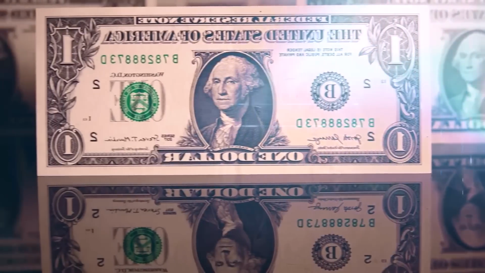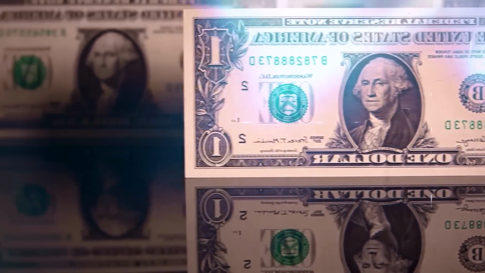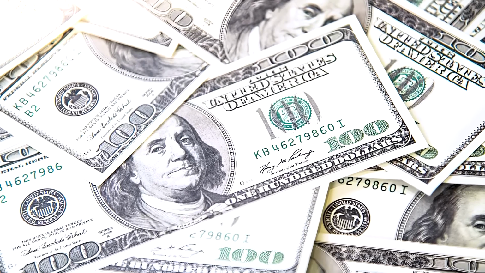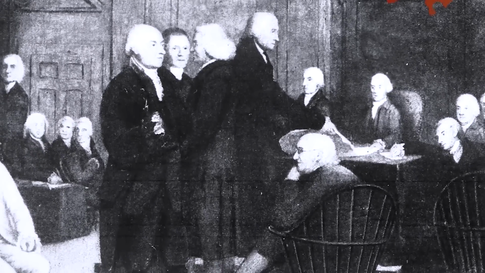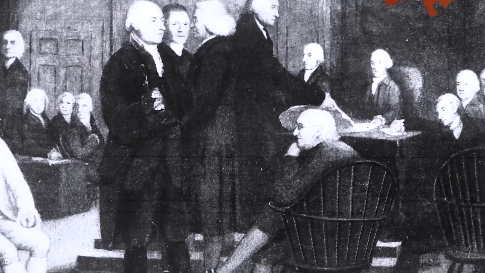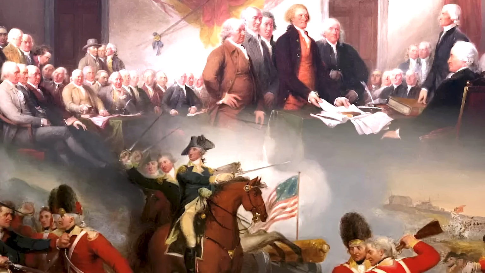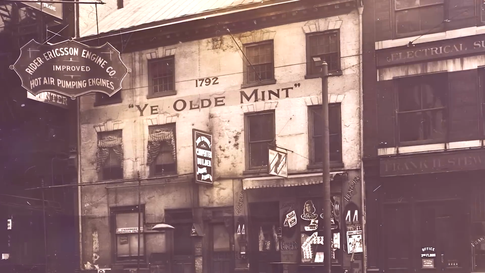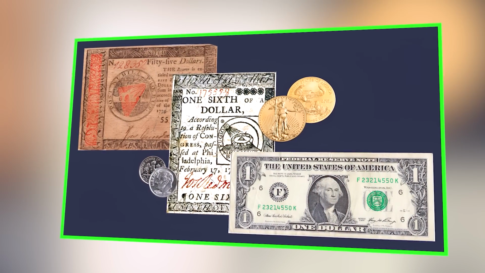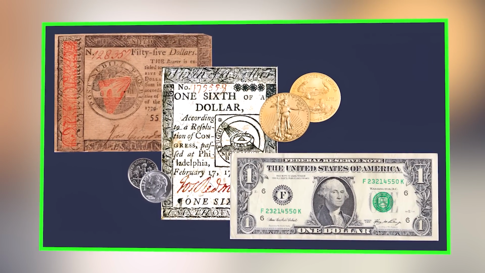Before we delve into the modern process of making dollars, it's important to understand the origins of the US currency. The dollar was officially adopted as the United States monetary unit in 1785, following the American Revolution. The Coinage Act of 1792 established the US Mint and standardized the dollar as the primary unit of currency.